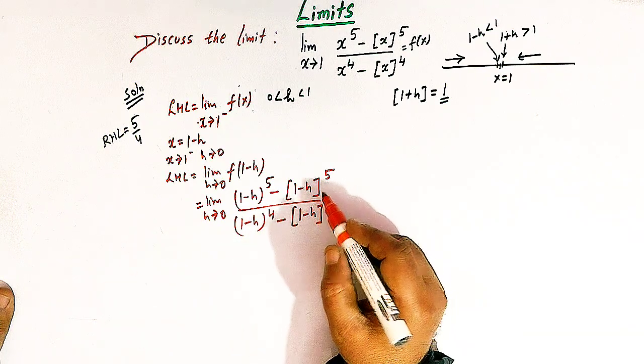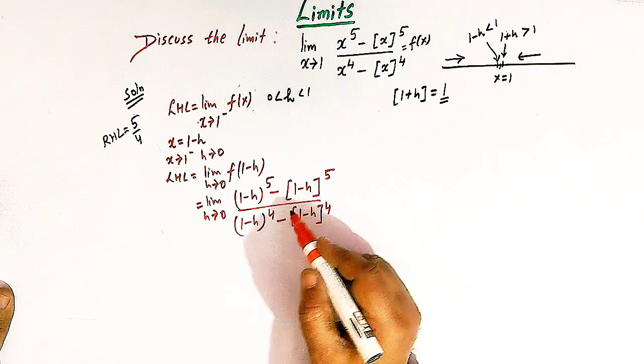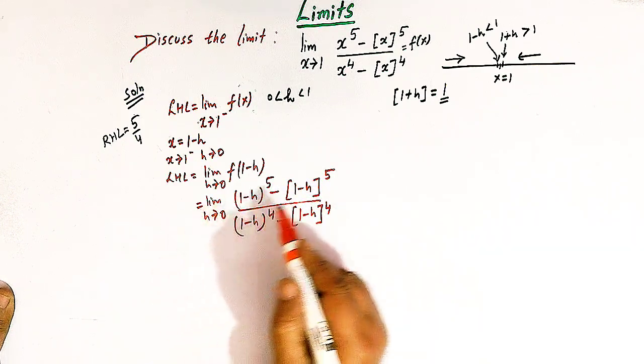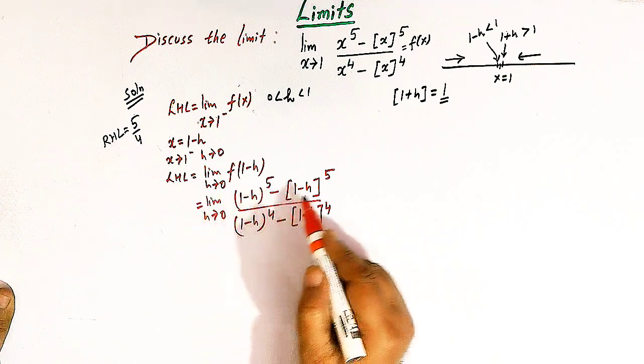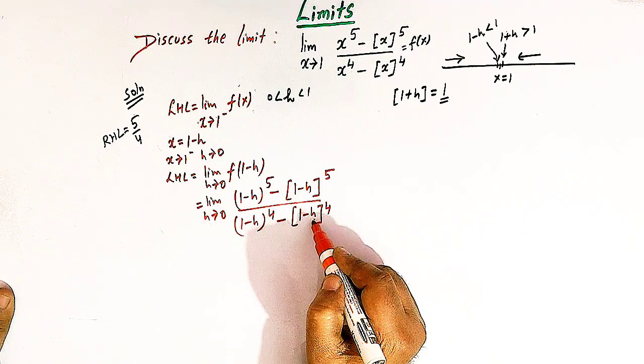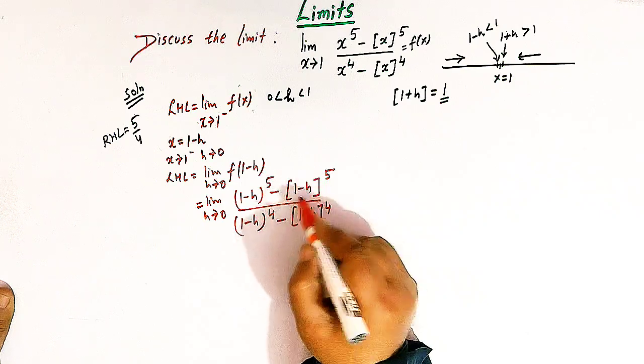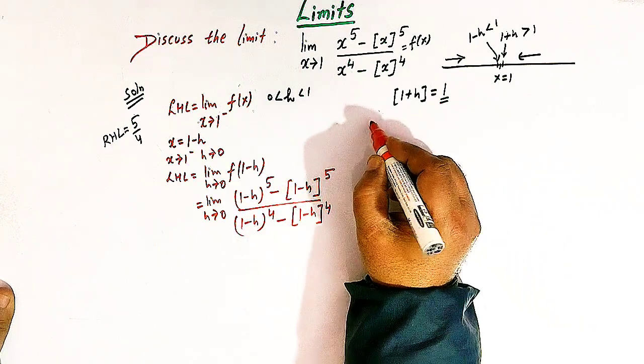Okay, and here again we have the same situation. We have the greatest integer function, and we cannot directly substitute h is equal to 0 over here, right? Okay, so now we'll make use of the definition of greatest integer function.